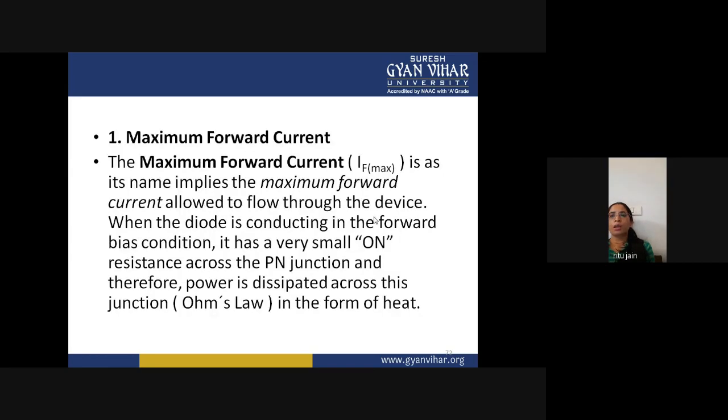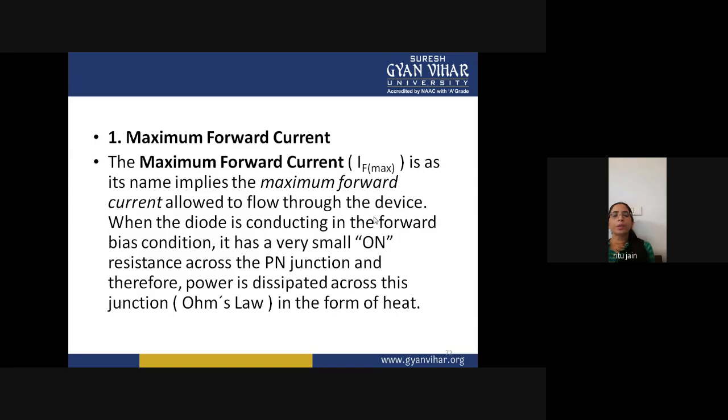Now let's talk about the maximum current which can flow through the signal diode, the maximum forward current. You know what forward current is. When the diode is forward biased, the P point of the diode is connected to the positive terminal and the N side to the negative terminal.